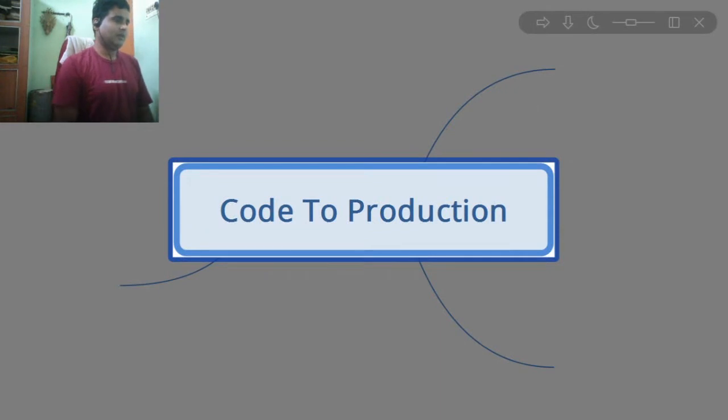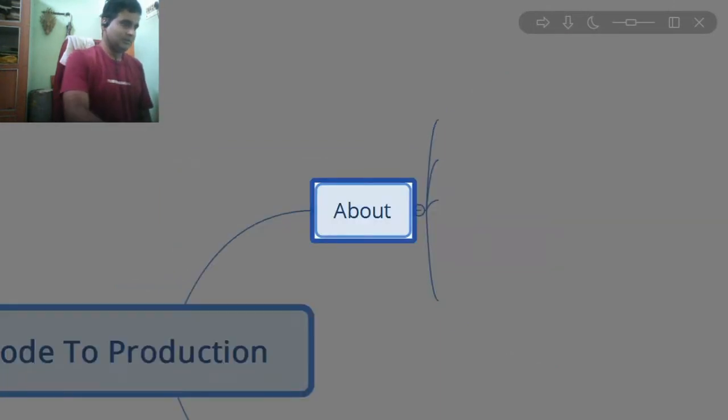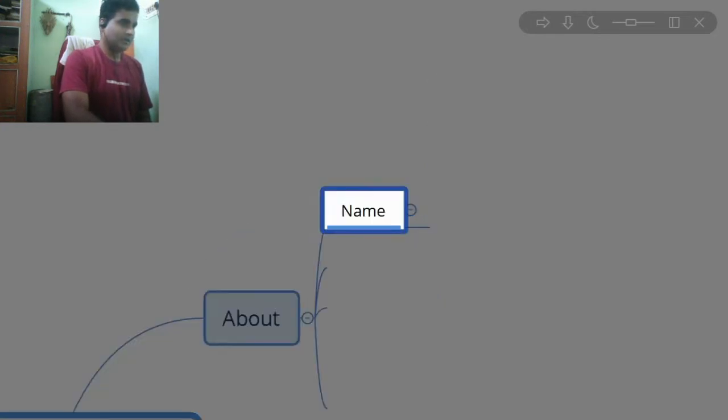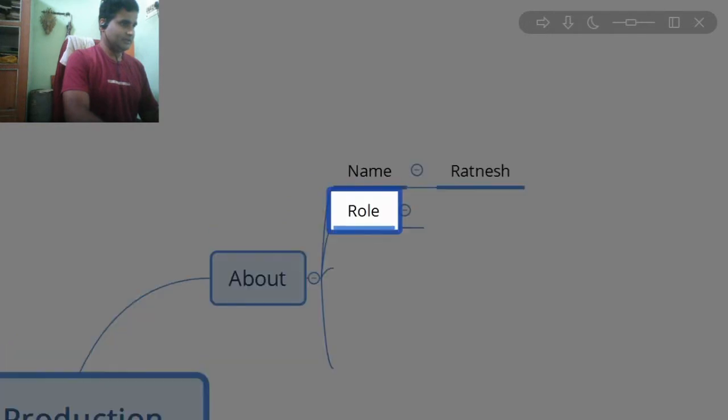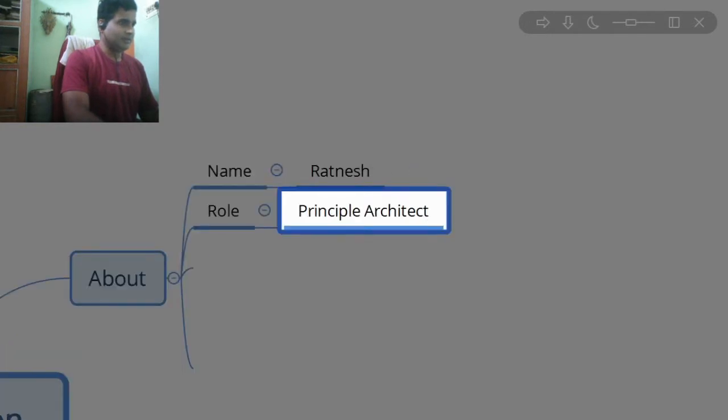Hello everyone. Today I will talk about code to production. About me, my name is Athish. I work as a principal architect in one of the software companies.